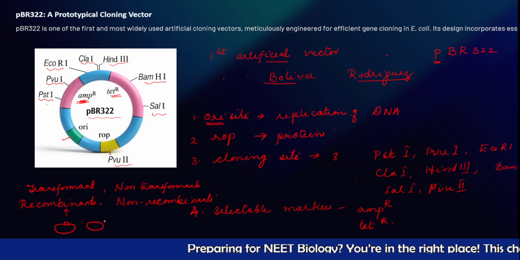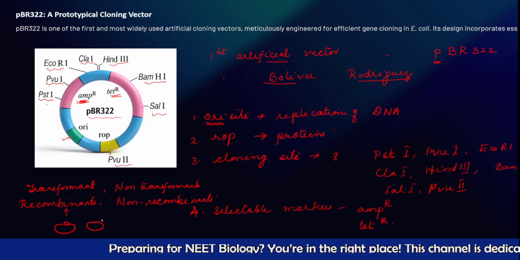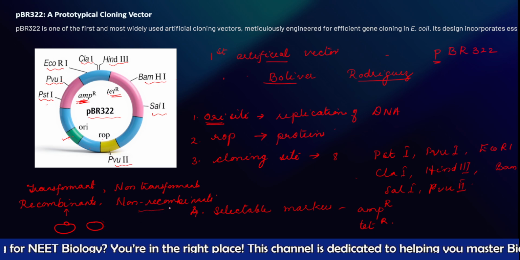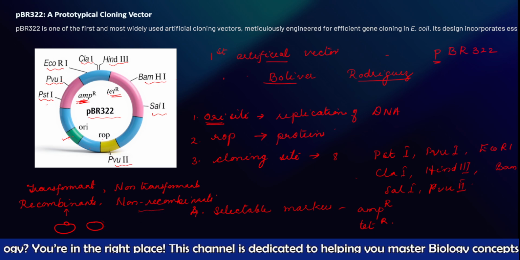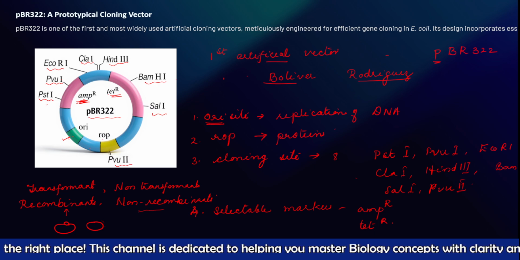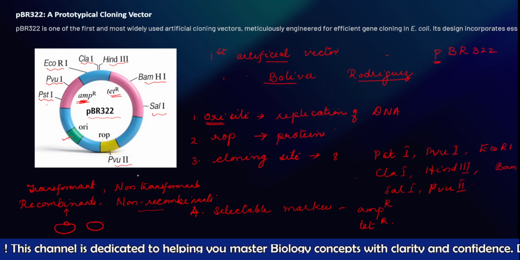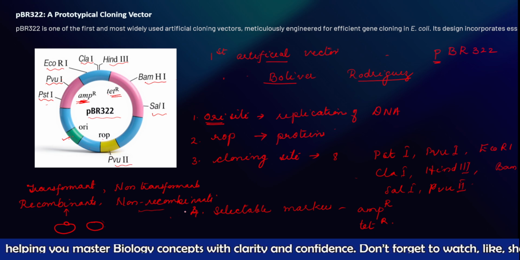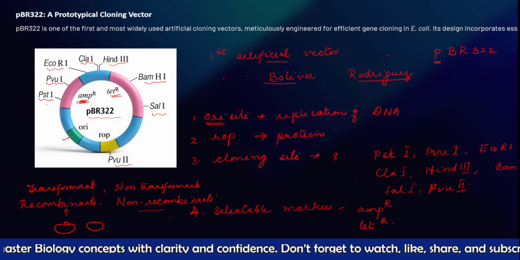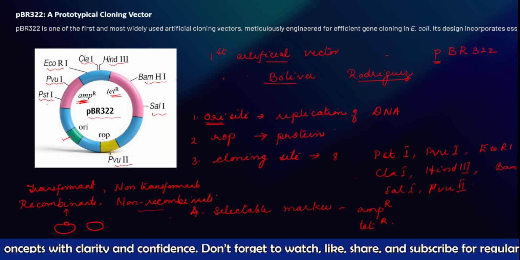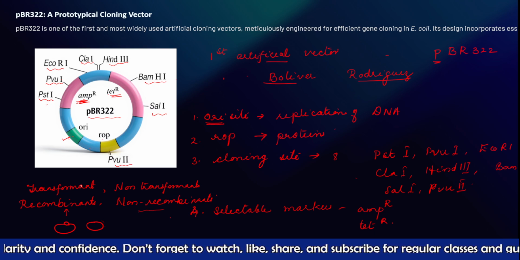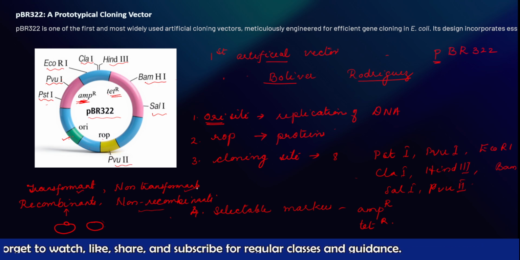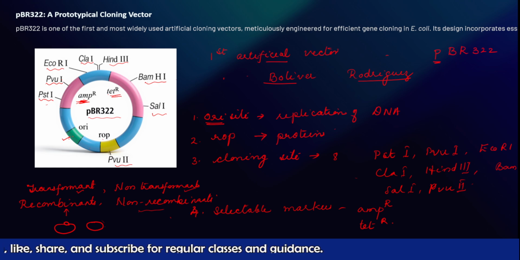The plasmid which does not accept the alien or foreign DNA, we call non-recombinant. In the coming part we will discuss again the selectable markers used in that. Remember these four terms: recombinants and non-recombinants relate to the plasmid, the DNA level. When these recombinants or non-recombinants enter into the organisms, then we use the terms transformants and non-transformants. This much is clear, all of you.